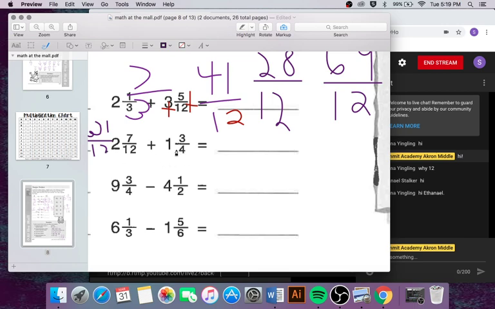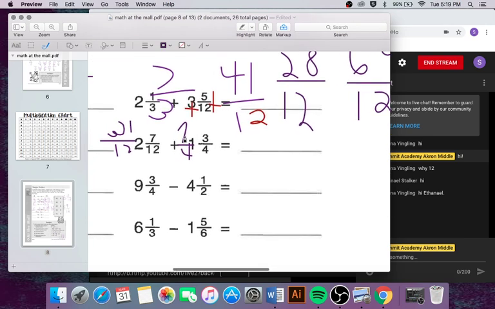Over here we have 4 times 1, which is 4, plus 3 is 7. So we're going to have 7 over 4. Okay, then we need to figure out what the least common multiple of both 12 and 4 is.